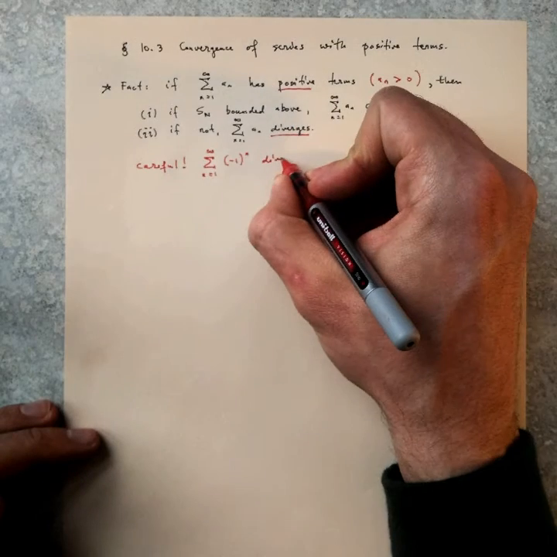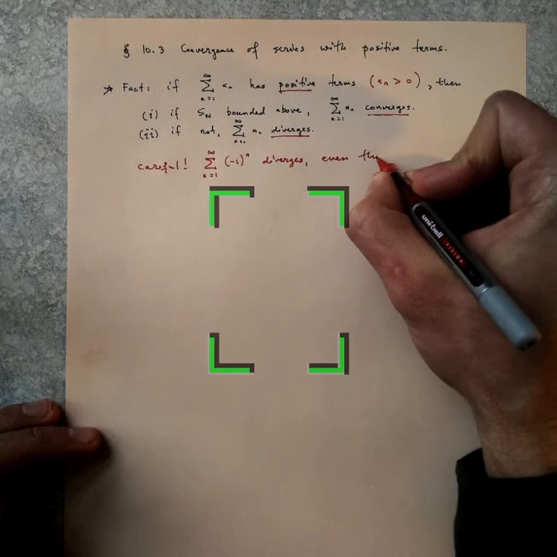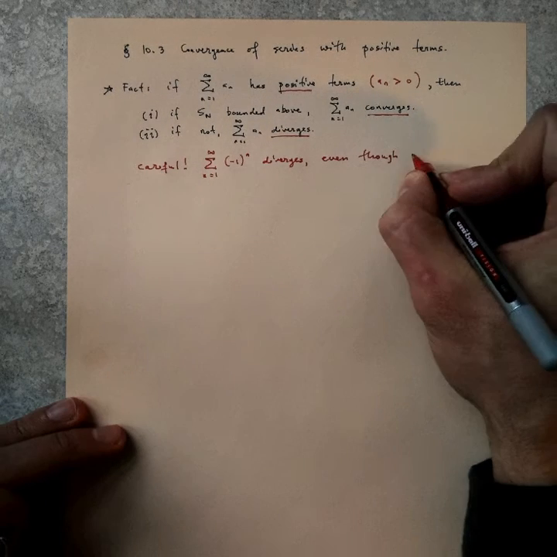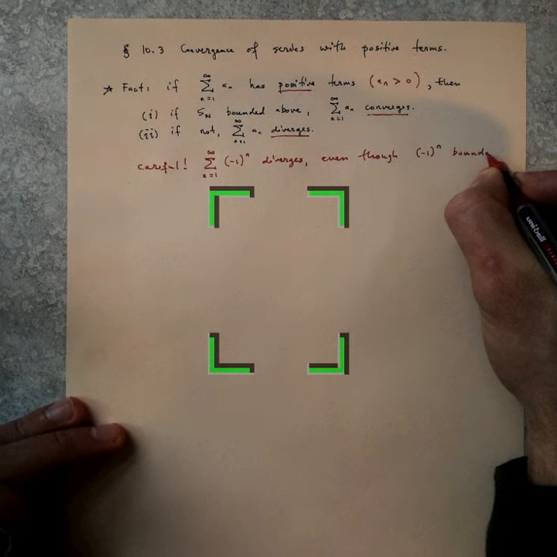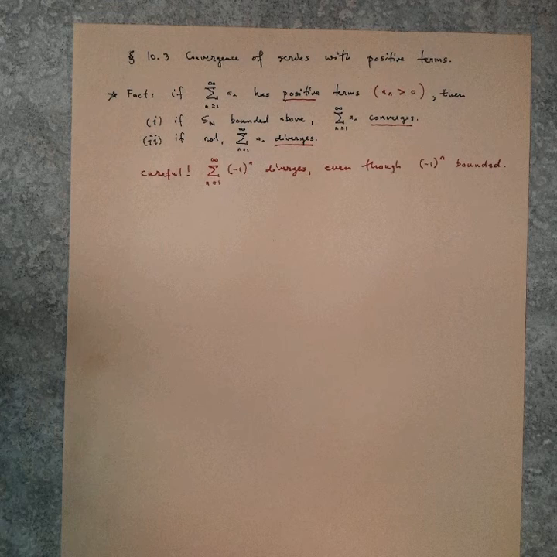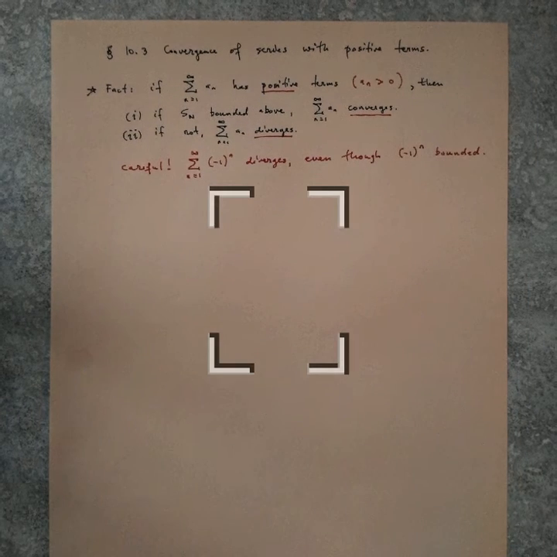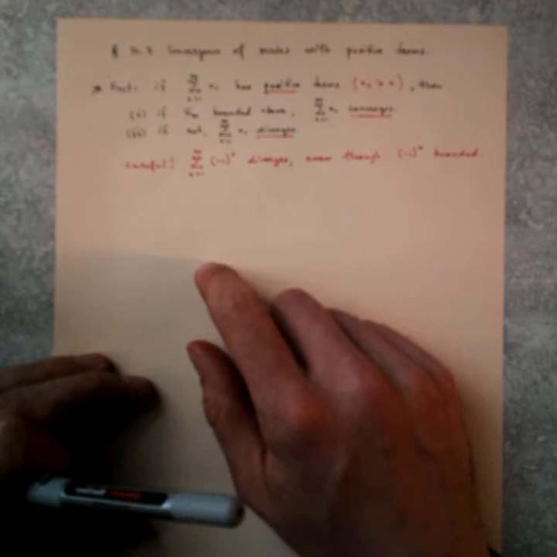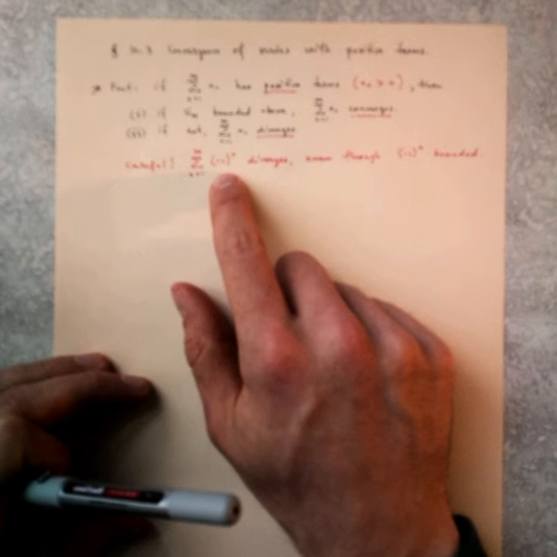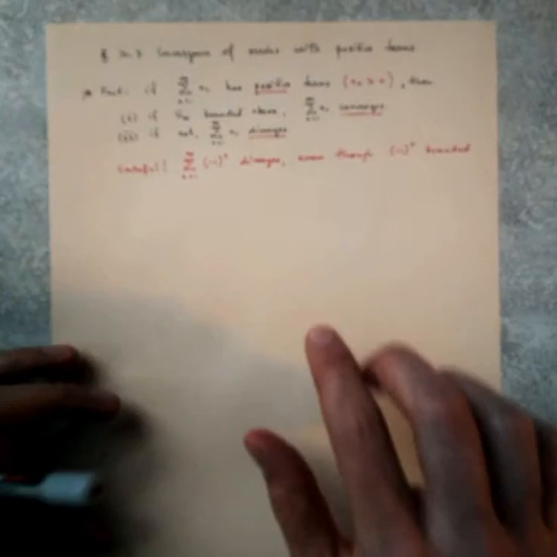This diverges, even though (-1)^n is bounded. And the reason that fails is just because this sum here does not have only positive terms. So this test does not even apply to this sum. Okay?